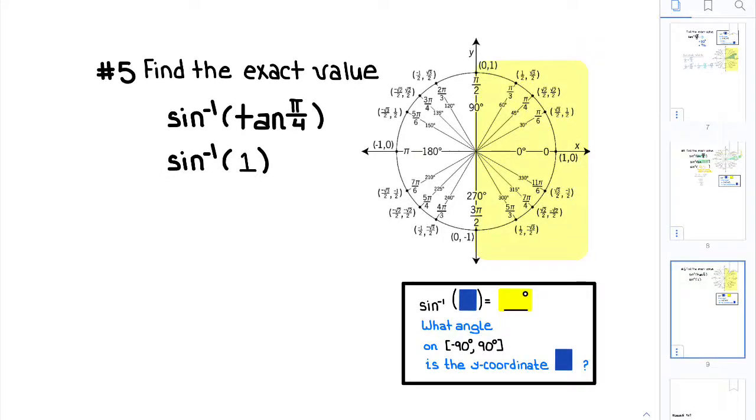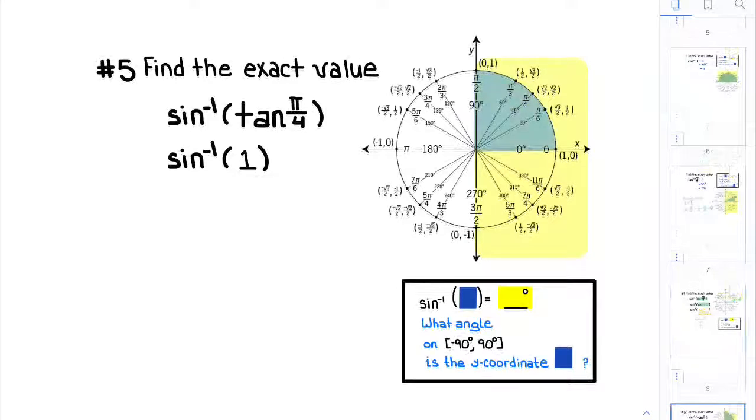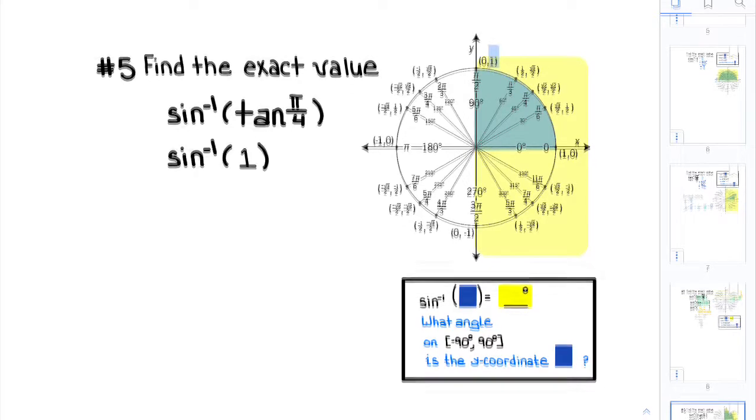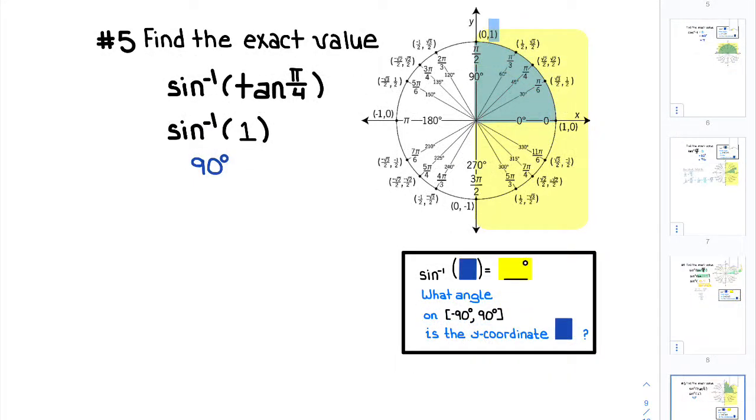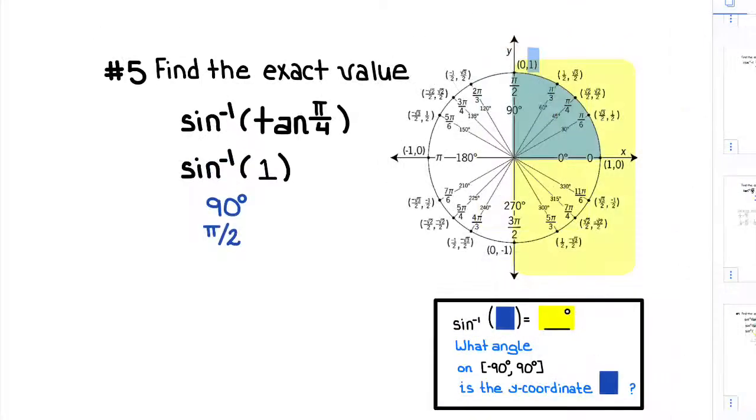So looking only from negative 90 to 90 degrees, I see at 90 degrees the y-coordinate is 1. So the answer to sine inverse of 1 is equal to 90 degrees. If you want the angle in radian mode instead, then the answer is pi over 2.